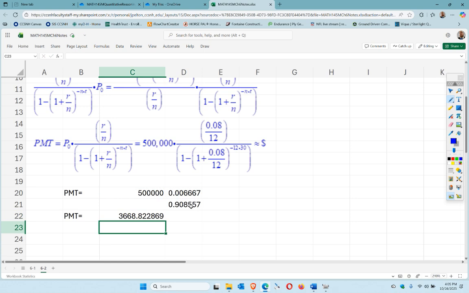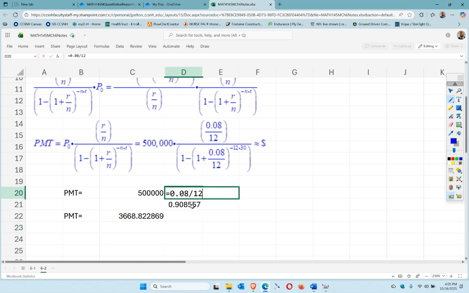And I think I did something wrong here. 0.08 divided by 12. I'm good there. I got $500,000 there. And this one is 1 minus 1 plus 0.08 divided by 12. Oh, I know what I did wrong. I made a classic mistake.